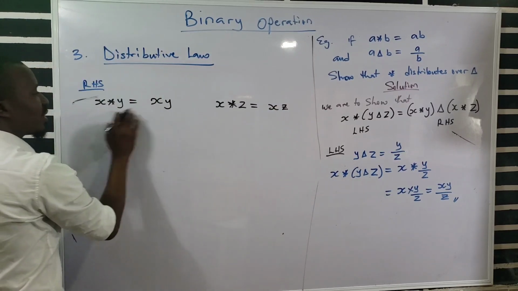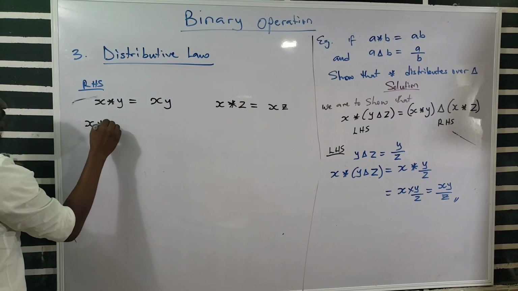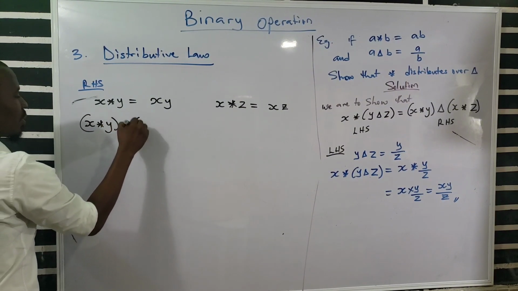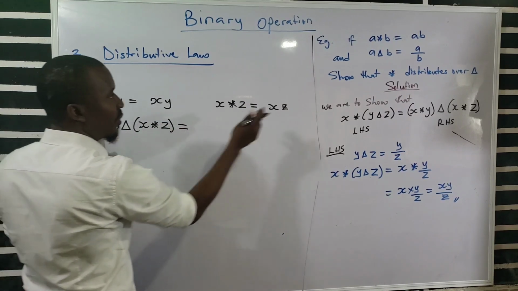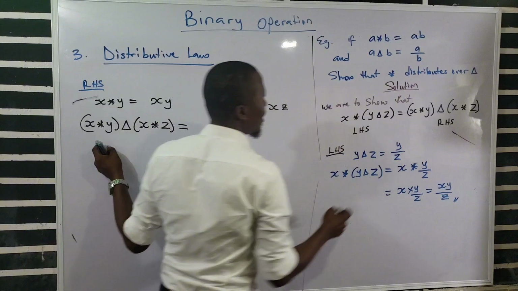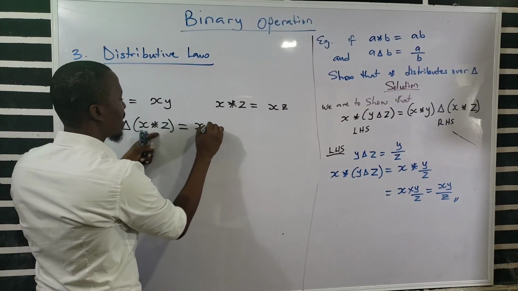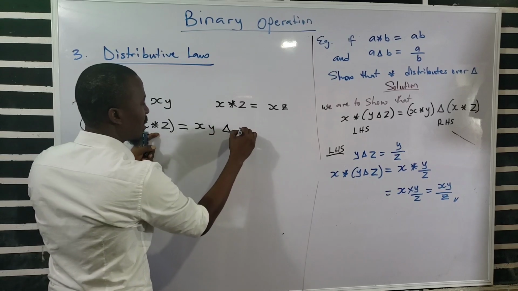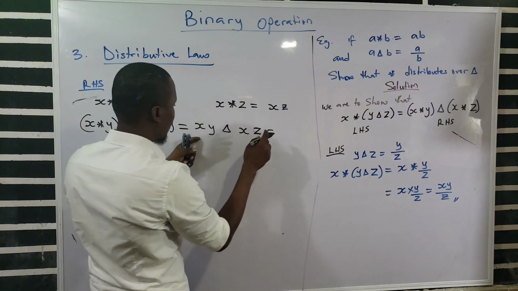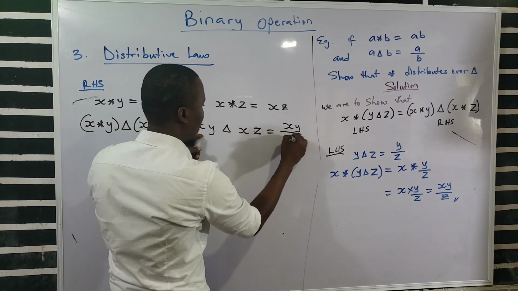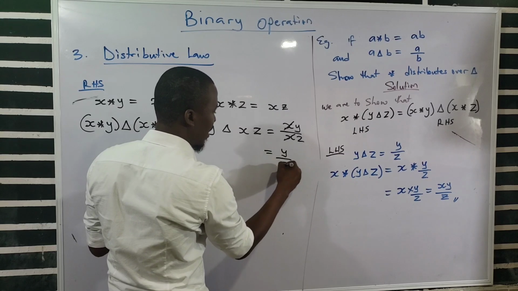Okay, now combining these two using the second binary there, that will give me (X binary Y) binary (X binary Z). So the second operation there is A over B, which is the first term over the second term. So that will give me XY binary XZ. Okay, so that will give us XY over XZ. X and X will cancel, which is equals to Y over Z.